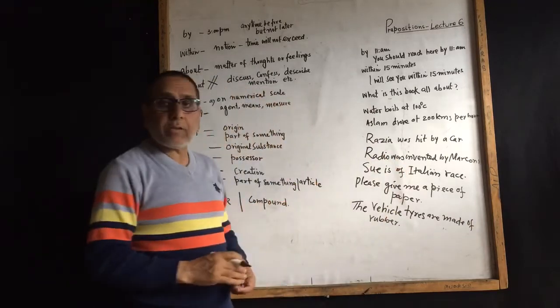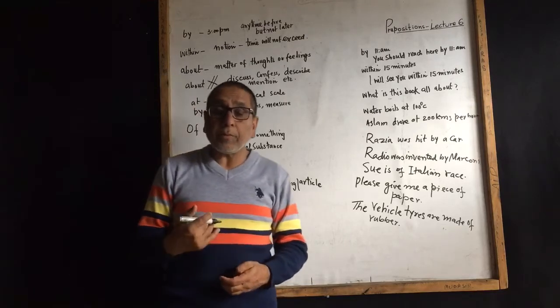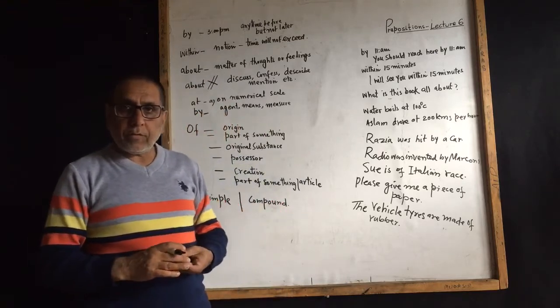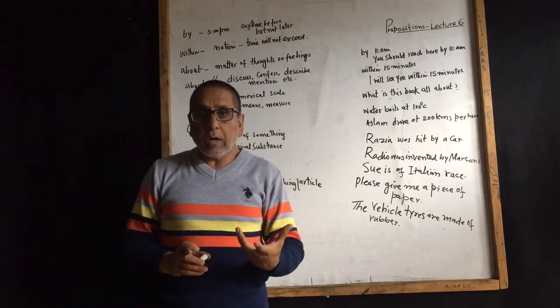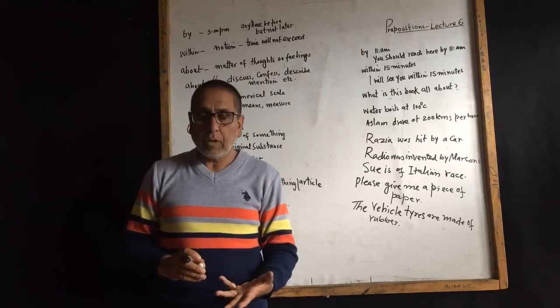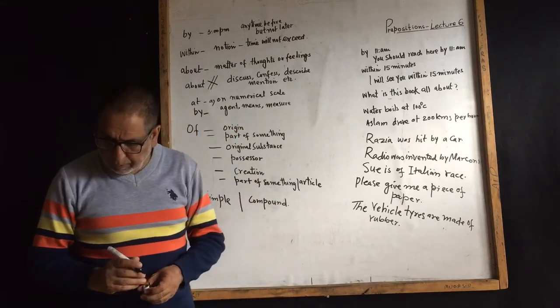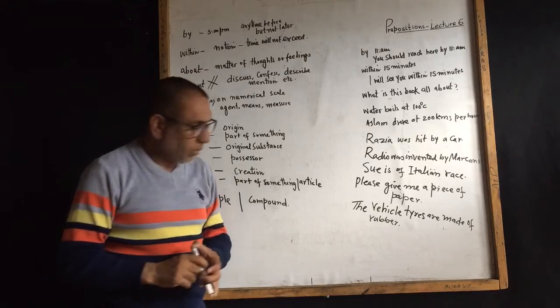So it is made of something. Made of rubber. The houseboat is made of deodar wood, timber. Deodar timber or cedar timber. Wooden planks. It is made of wooden planks. So this is what you call original substance.